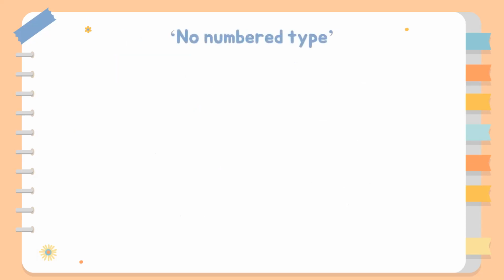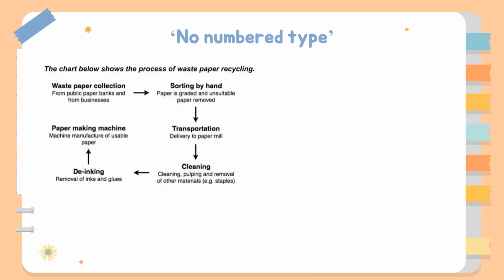So moving on to the no-numbered type, I'm not really sure about the name. I mean, I invented it, so if there's a mistake, you guys be sympathetic. So this is a diagram of the process of waste paper recycling.